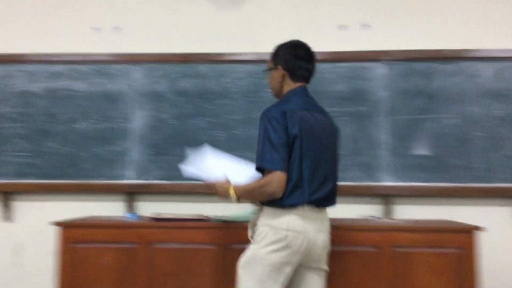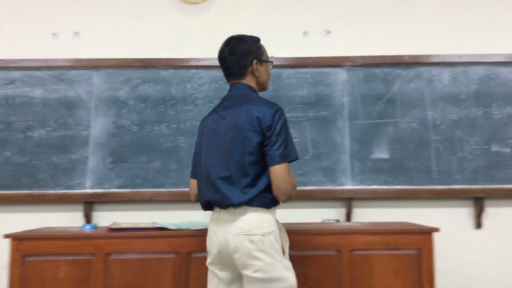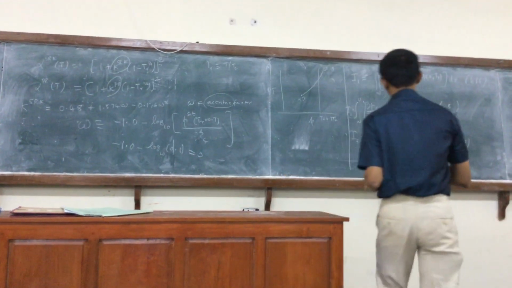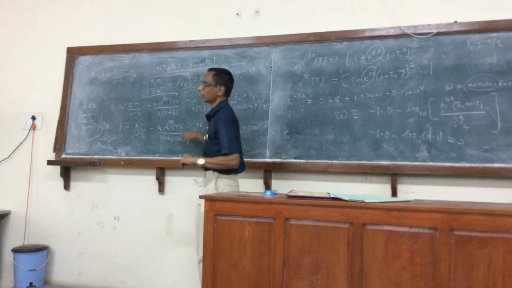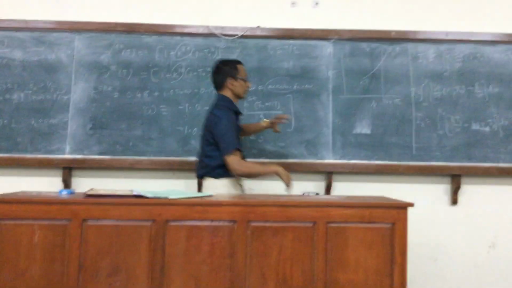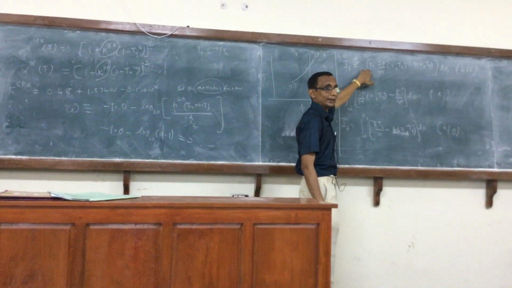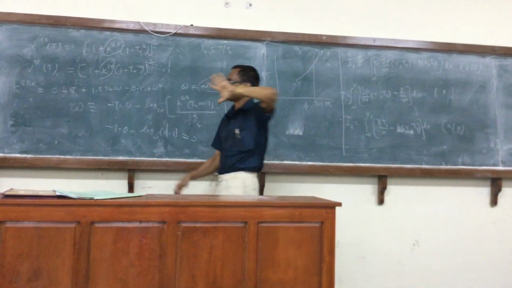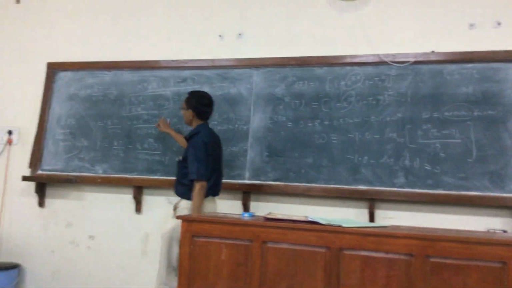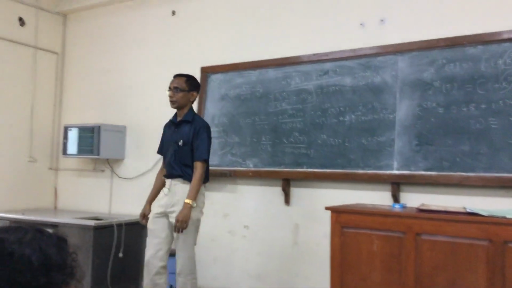Now the crucial point is that van der Waals will be the simplest. The complication would arise for these two equations of state, not so much for this, but for these two, because you have to calculate dP by dT, and you have to be aware that this alpha is actually dependent on temperature.